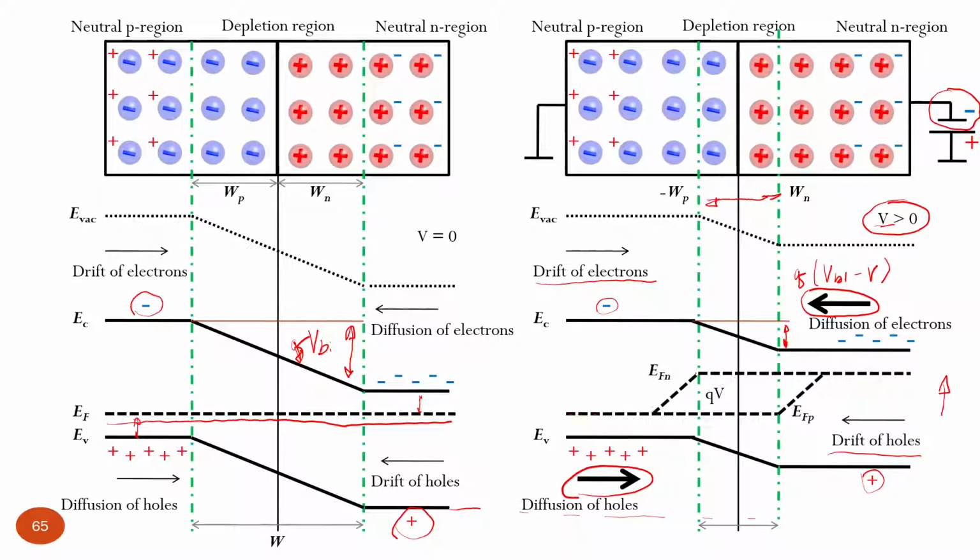So what is happening, starting from the point which is the edge of the depletion region in the p-type up to here, and from the point here at the edge of the depletion region in the n-type semiconductor up to here.